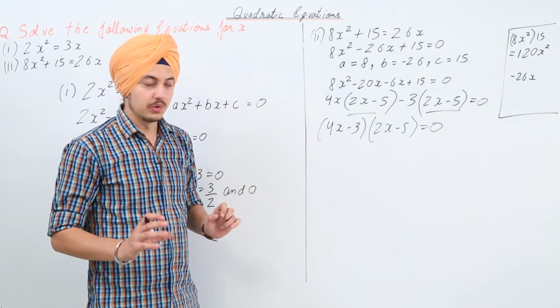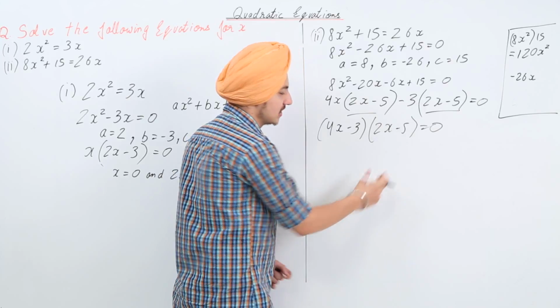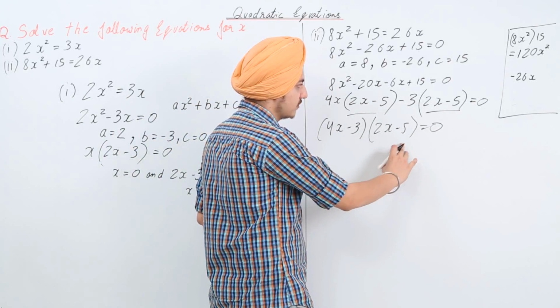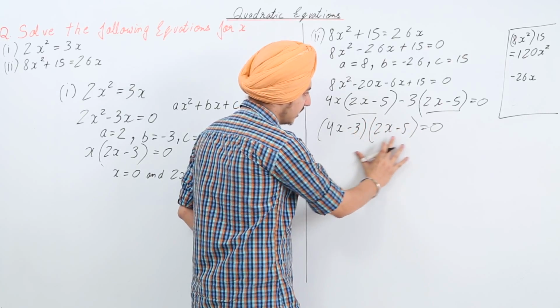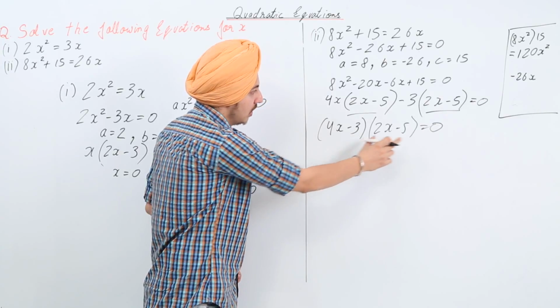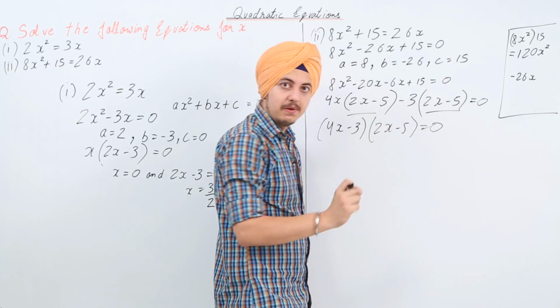So now we have these two factors. We've reached the zero product form. So we have two values for which this equation is satisfied. Why? Because if this term comes out to be 0, the product will be 0, and if this term comes out to be 0, the product will still be 0.